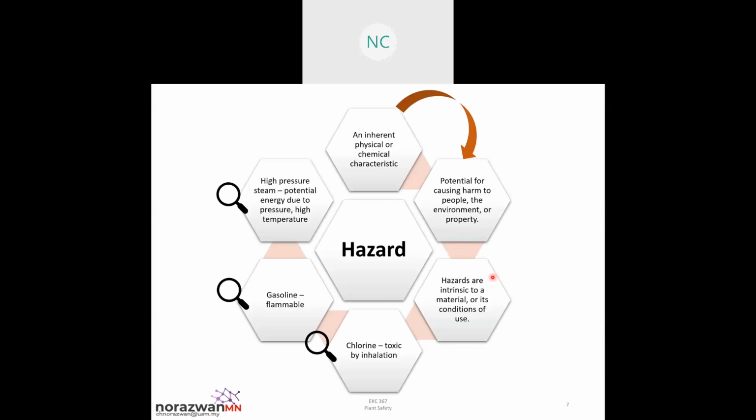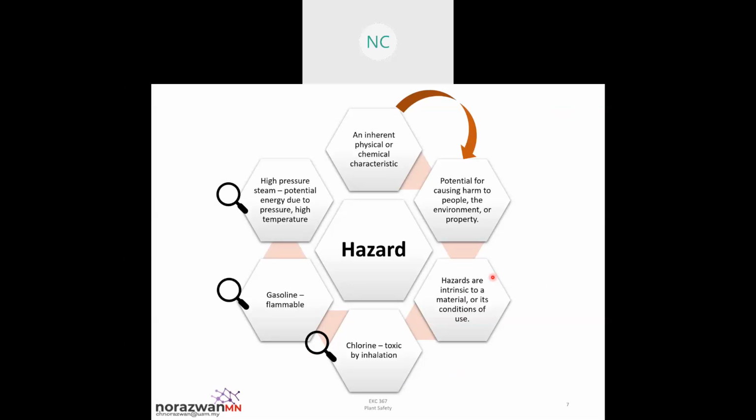Actually, hazard in ISD is the inherent physical or chemical characteristic, involving the potential for causing harm to people, environment, and property inside the thing itself. Inherent hazard has been packaged, built up with this hazard.